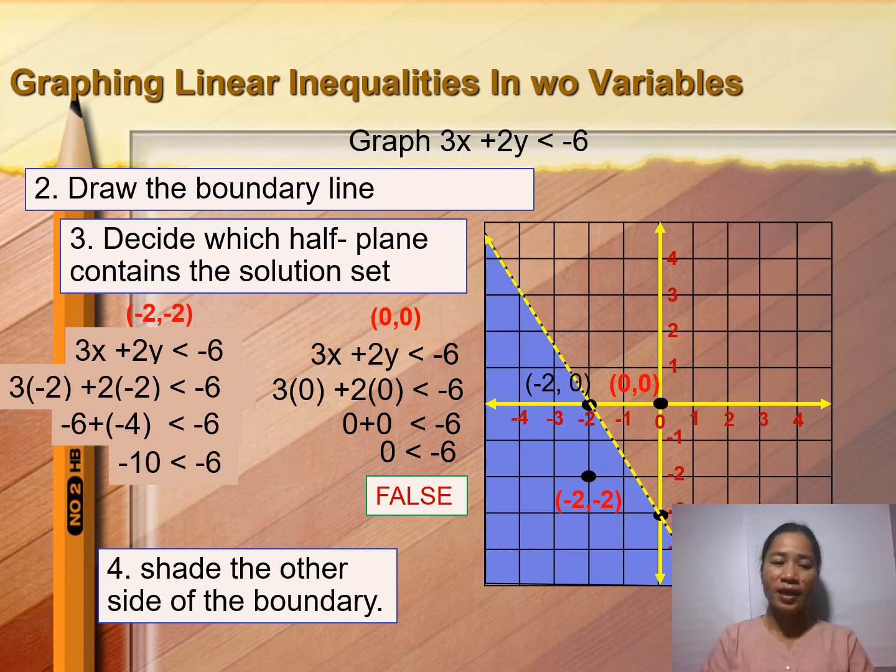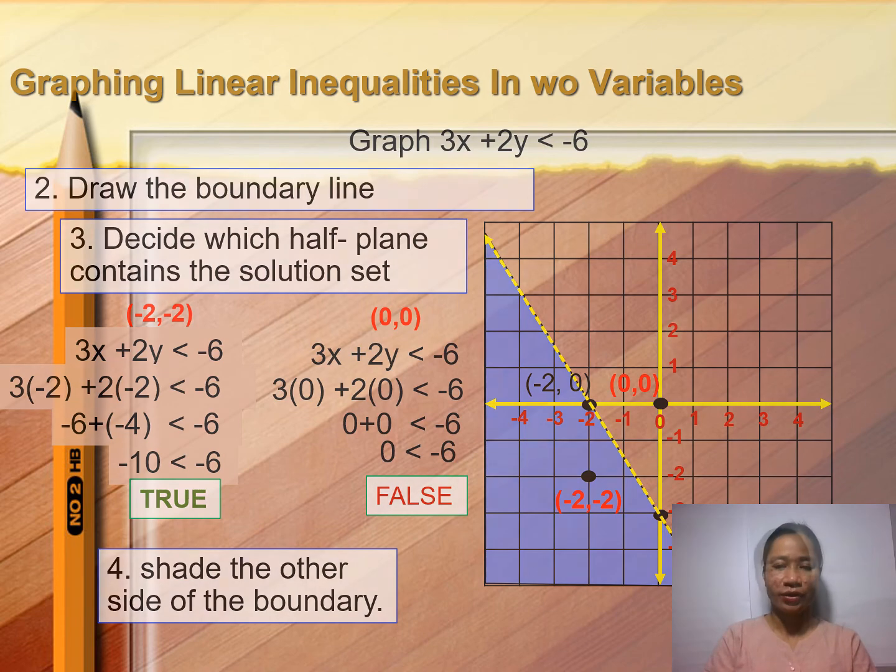Is negative 10 less than negative 6? True. Therefore, negative 2 and negative 2 is the solution of the given inequality. Kaya nandito siya sa shaded region.